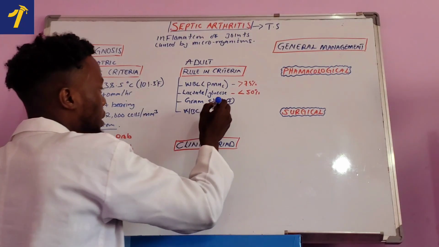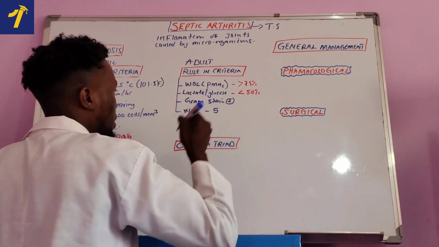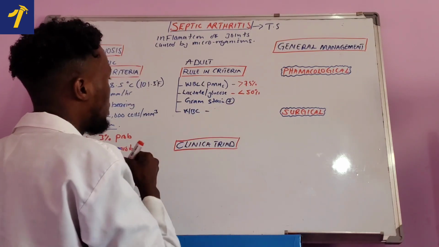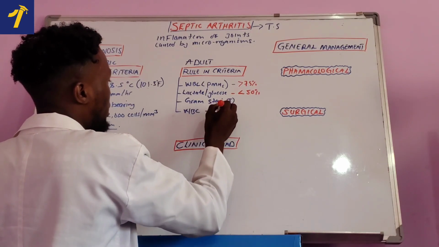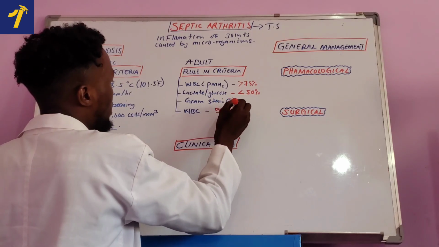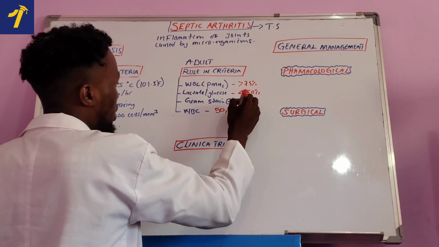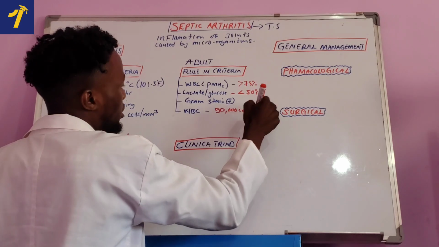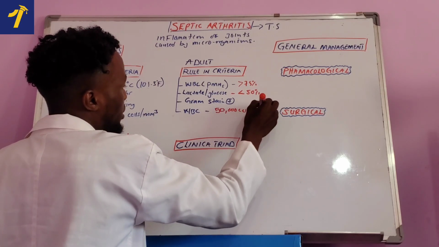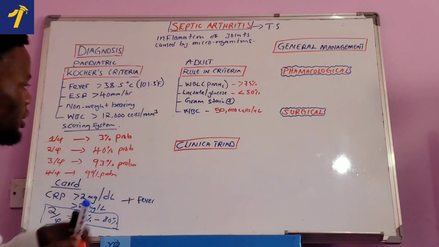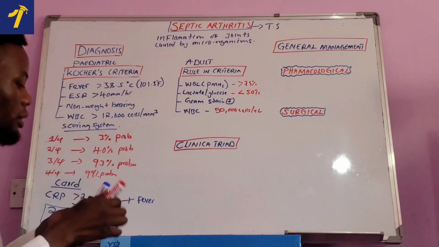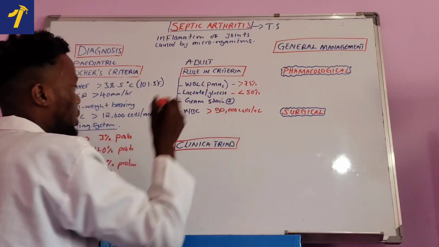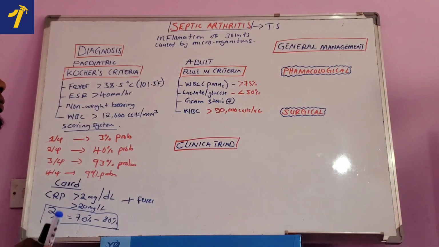This one has to be greater than, let us use red, 50,000, which is a lot, cells per microliter. Okay, that is about the WBC count.